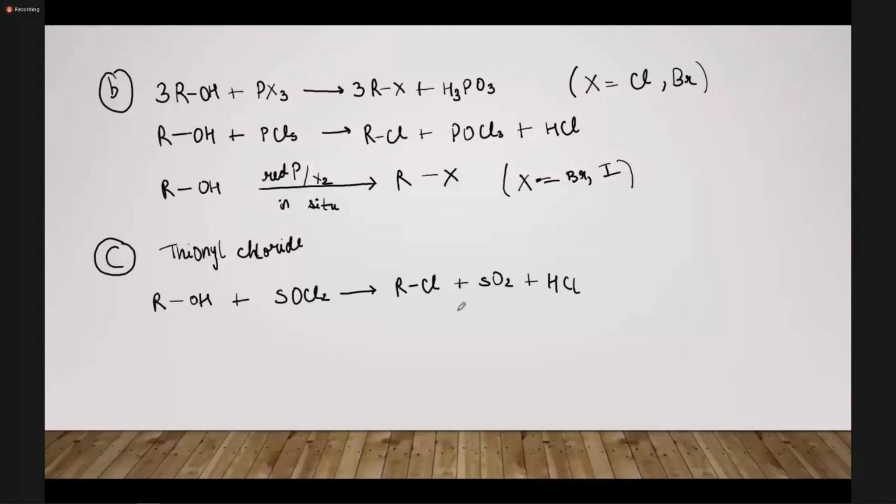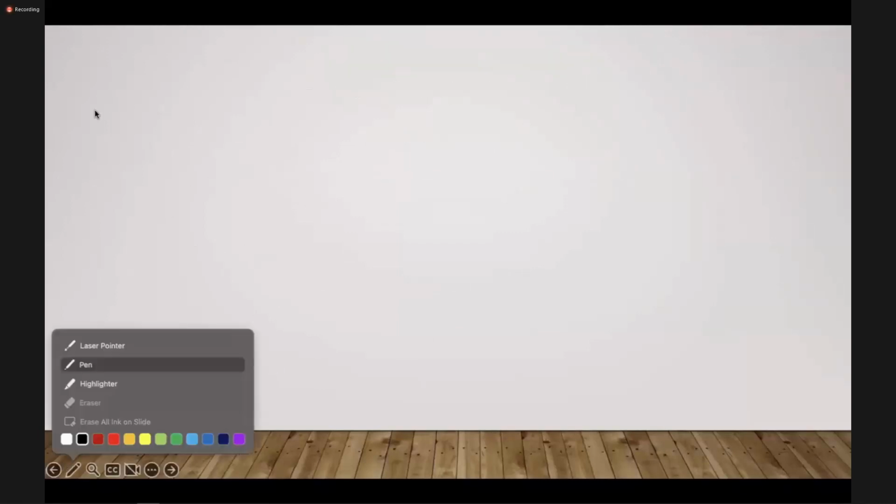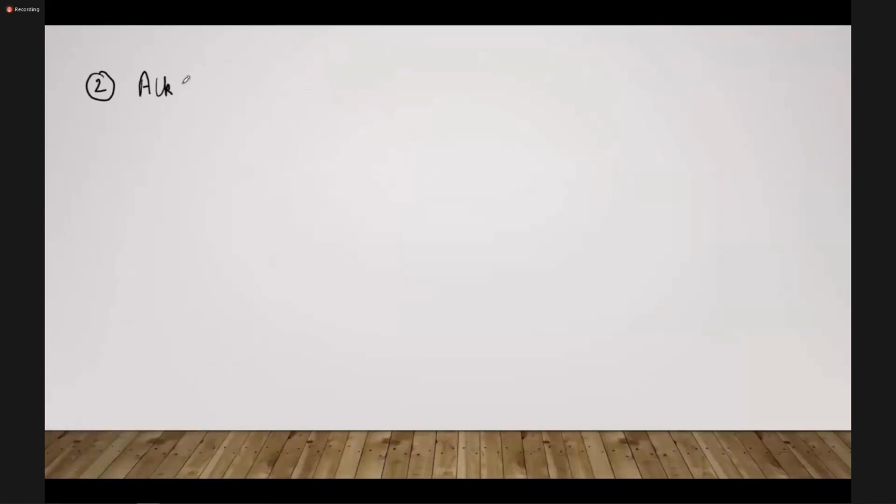Now coming to the second method of preparation. Till now we discussed the first method, that is from the alcohols, where we had three ways, A, B, and C. And now we are going on to the second method of preparation of alkyl halides, from alkanes.